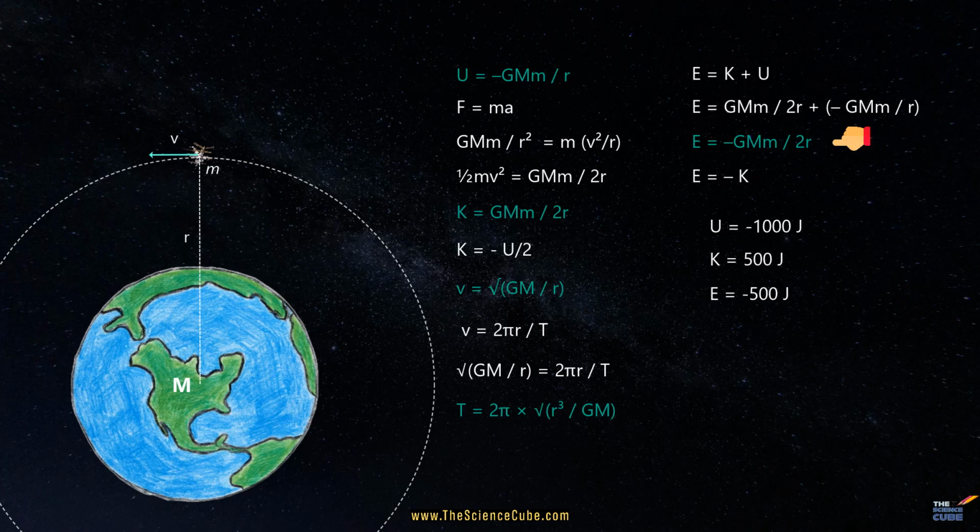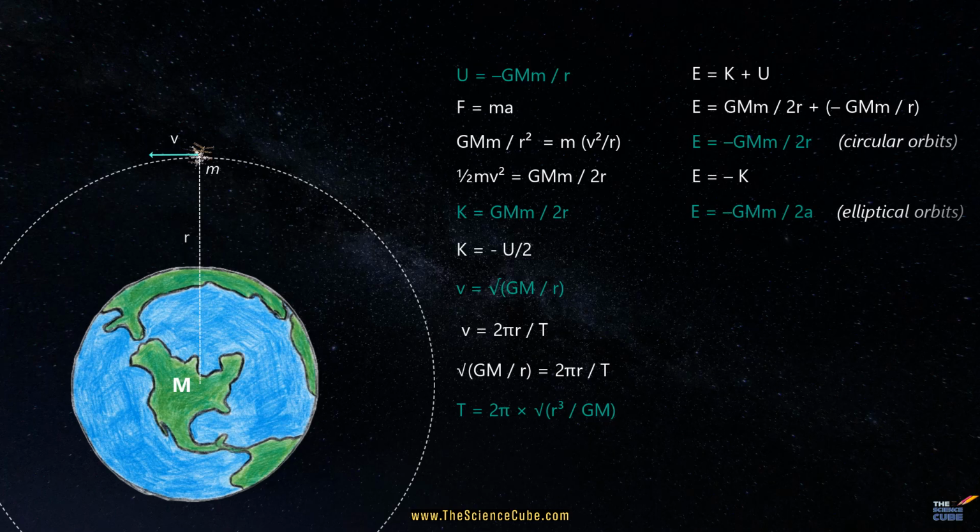Now, this equation holds very well for an elliptical orbit as well. So, if the semi-major axis of the elliptical orbit is a, we can put a in place of R to get the total mechanical energy as E equals minus GMm upon 2a.